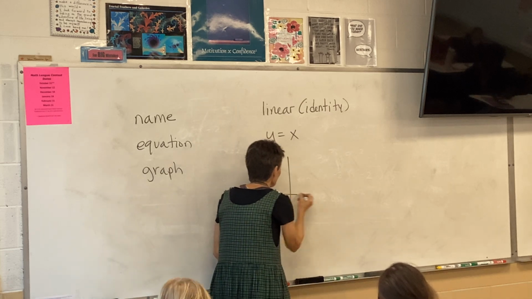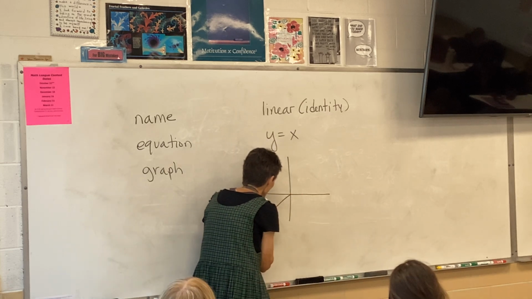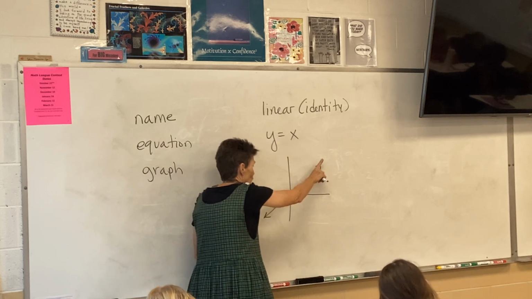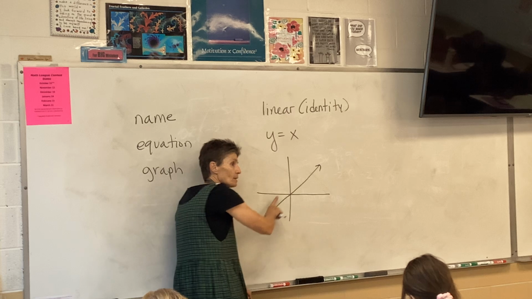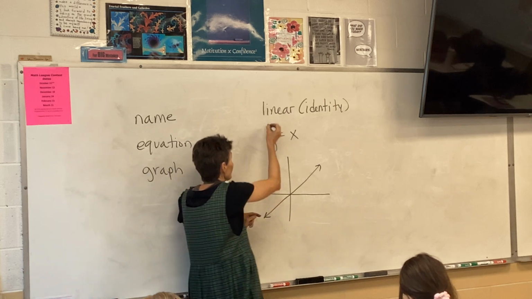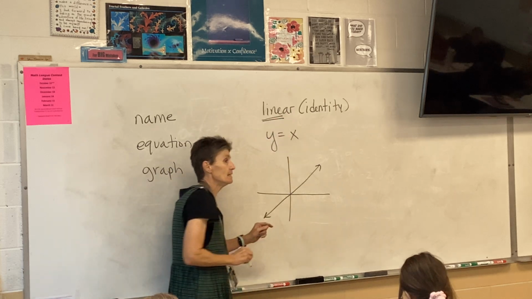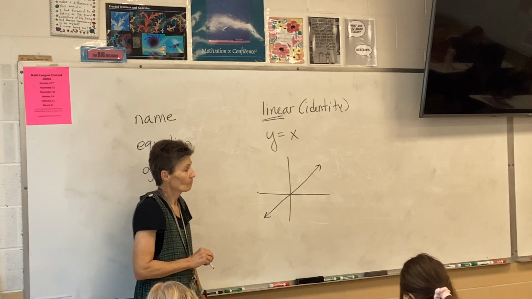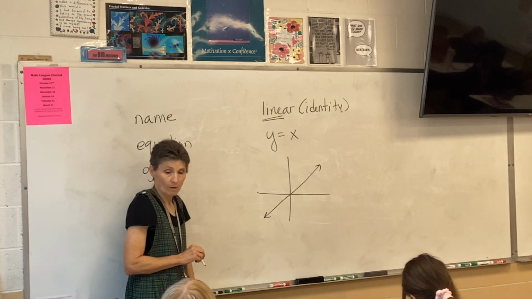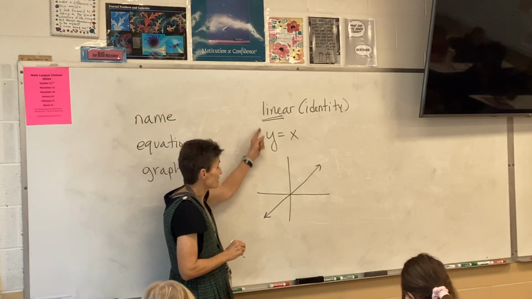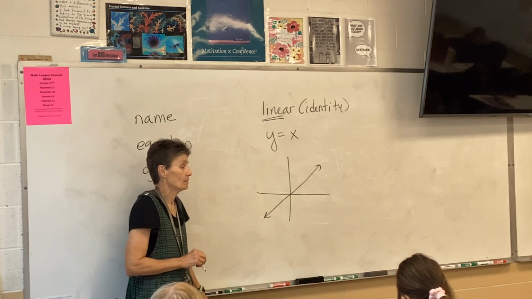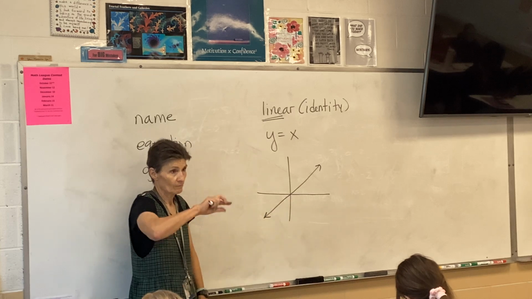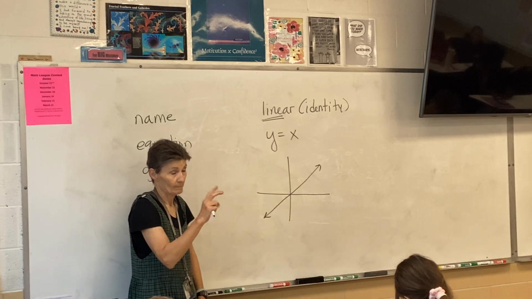And the graph is a perfect diagonal through the origin, a nice straight diagonal line. That is your linear function. So all three of these things need to be somewhere on your flashcard. Two on one side, one on the other side.